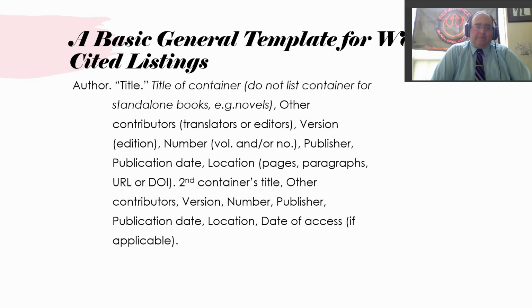This is especially important for web sources because websites are fluid, they can change. So that's the basic template that you will notice that MLA uses for just about everything. Now, it's going to have a lot of variations based on the certain media that you're including in the Works Cited page, but it's going to be approximately the same no matter what.